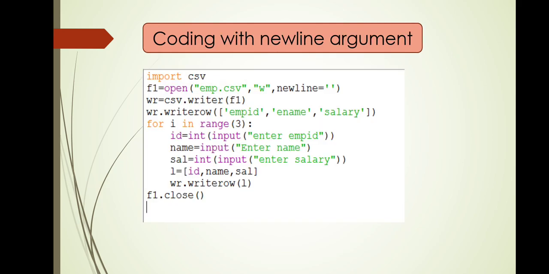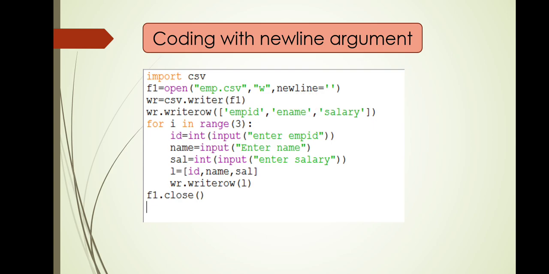Now in this code, when I am creating the CSV file, I have introduced this argument, newline equal to blank. That means now it is not going to take the end of line character. No end of line translation will be done. The rest of the code is the same. I have simply introduced this argument.